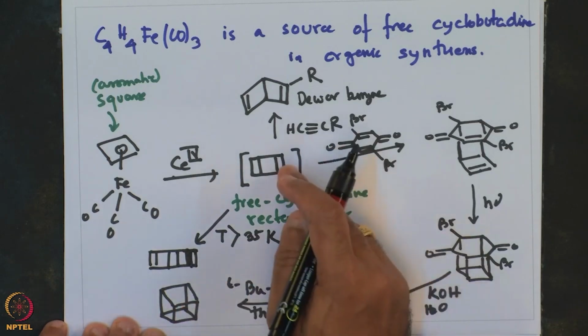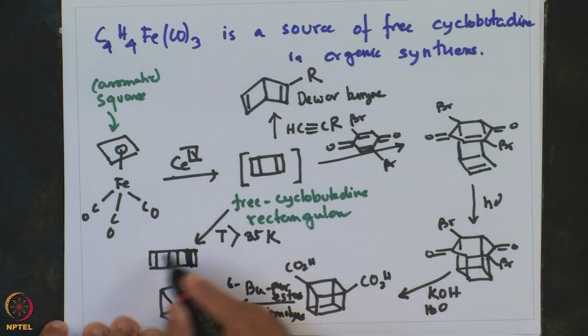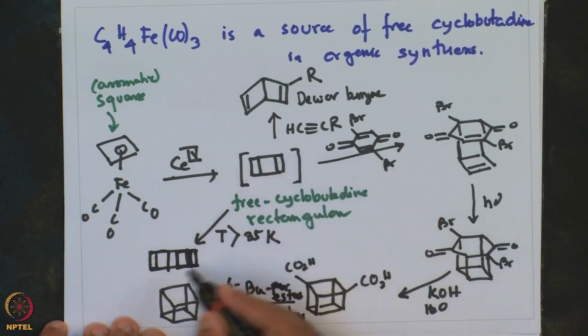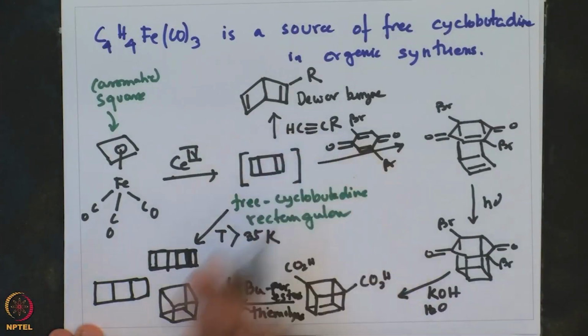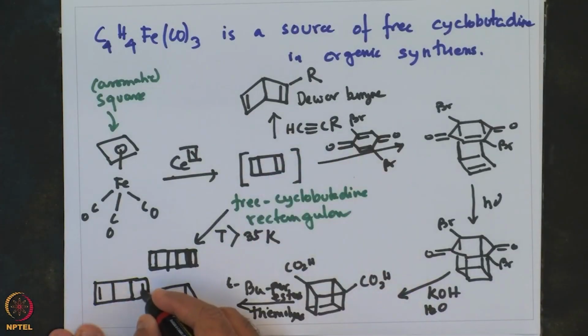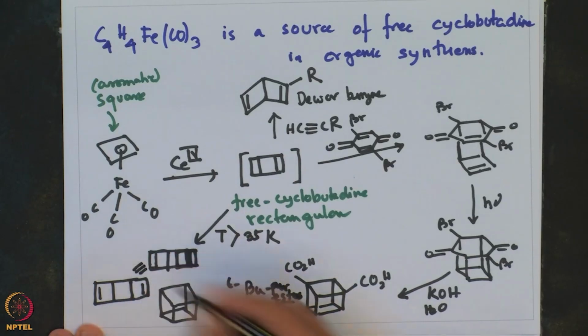So, this undergoes dimerization. As if 2 of these cyclobutadiene units dimerize to give this compound. So, we have 2 of these cyclobutadiene units with 2 double bonds in the end.